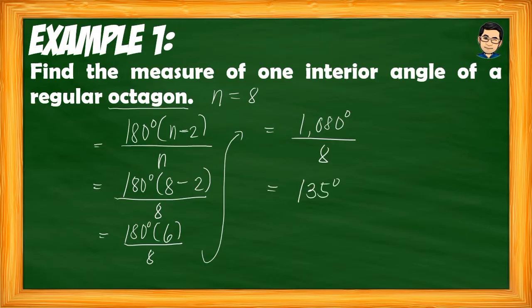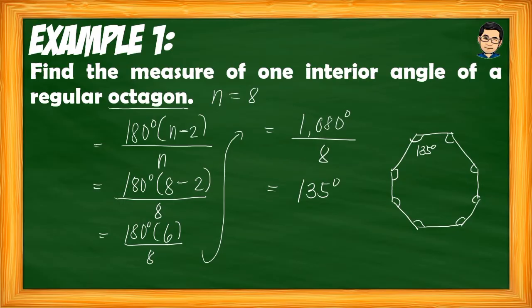So if we will draw an octagon, a regular octagon, so for example, regular octagon ito. Ayan. So ang isang angle niya ay may measure na 135 degrees. So ibig sabihin lahat po ng interior angles ng regular octagon ay 135 degrees ang sukat.